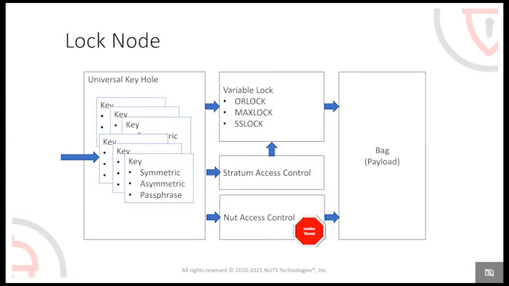Anyway, this is a single lock node, and you could tell that there are several components, but here's the payload, and that's the item that you want to protect and keep secret. But there are essentially 3 layers of security and then this giant keyhole that we have. And we'll go into the interplay of the security mechanisms in the next slide.